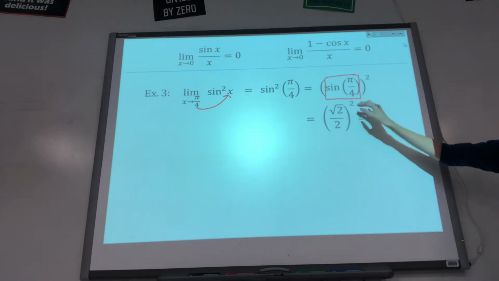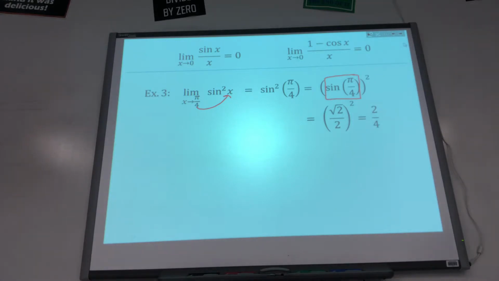And then on bottom, 2 squared is 4. So I just need to reduce that, and that would give us a 1/2. Okie doke. Direct substitution. Sometimes we forget about it, but it should always be the first thing that you try. It worked right here on number 3.